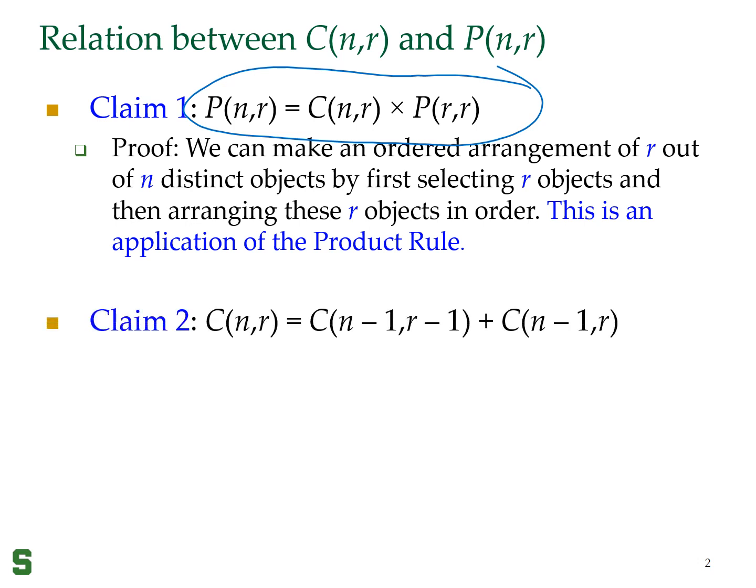Let's look at the second observation. Here we are going to relate C(n,r) to C(n-1, something). So here I have n objects out of which I'm supposed to select r, and the order does not matter.